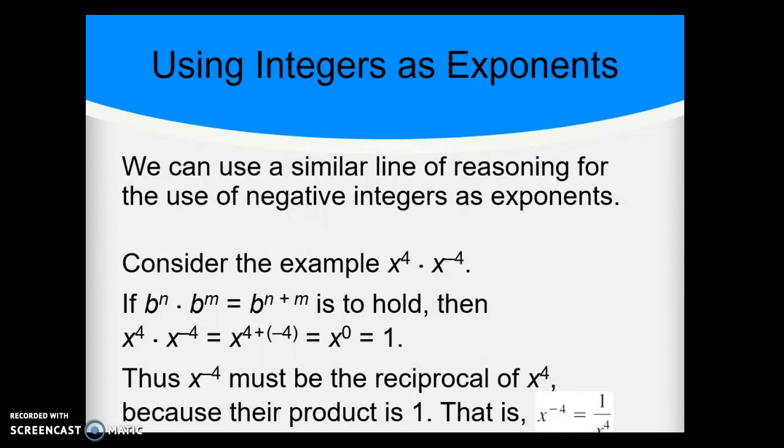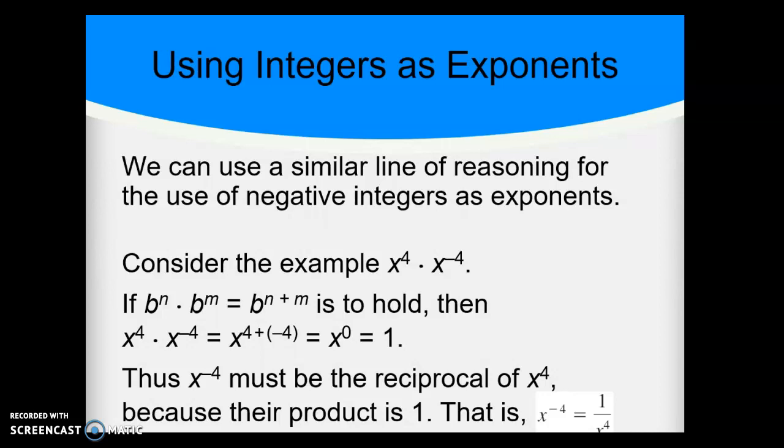It means that when you see a negative exponent in an expression, you can just flip the base. If you want to change that -4 exponent to a positive, you can just flip the base of x and write it, instead of as x over 1, which is what it really is here, write it as 1 over x.